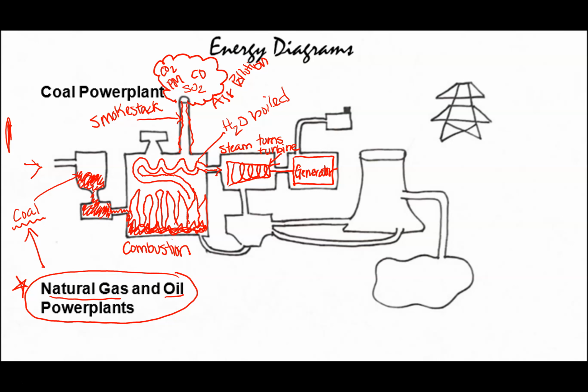So then the generator starts electron flow. What I usually do is put little negative signs showing electron flow all the way up to this box. So negative signs for electrons, that's your electron flow.